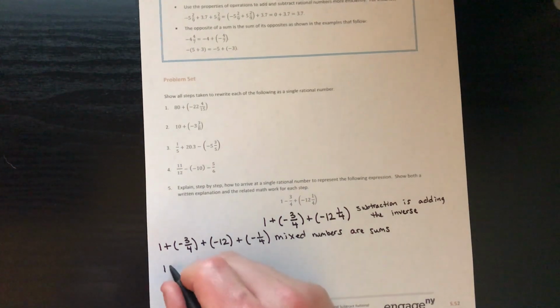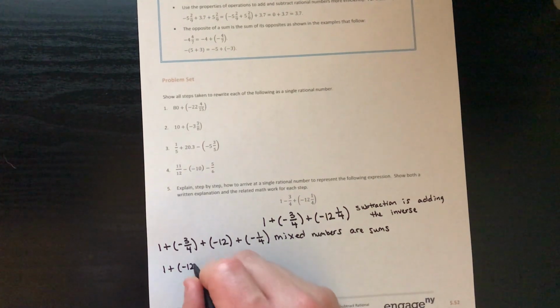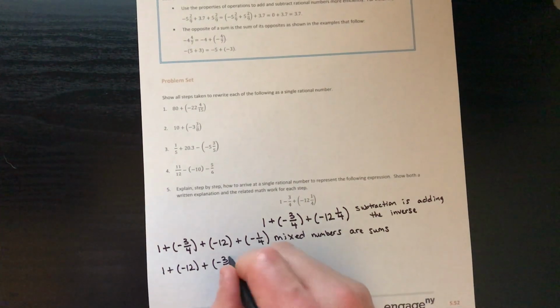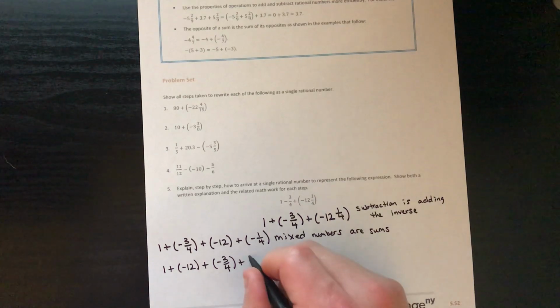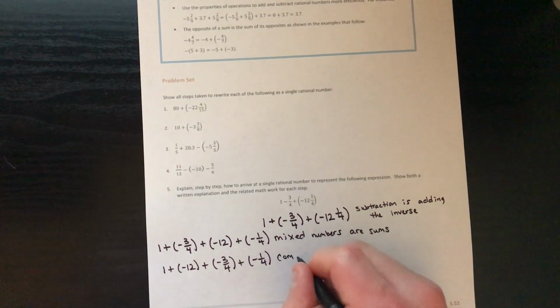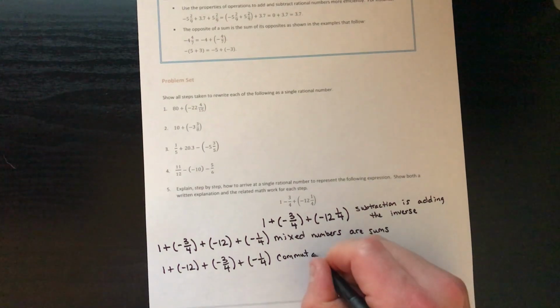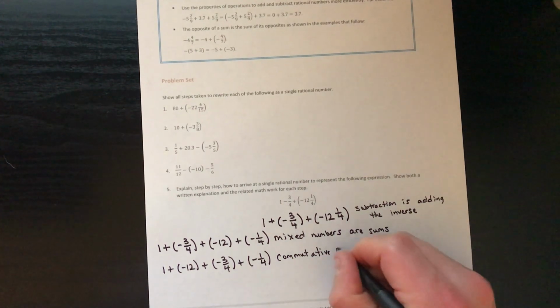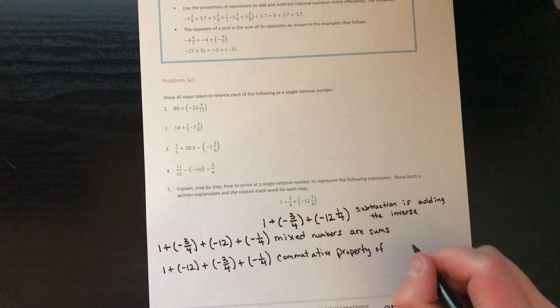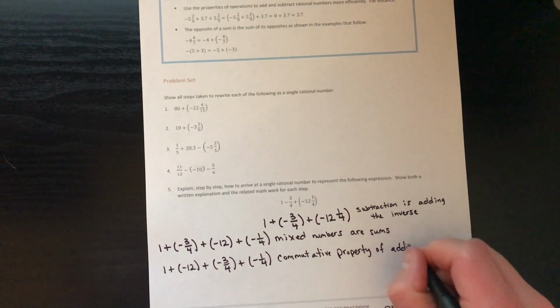So I'm going to do 1 plus -12 plus -3/4 plus -1/4. And so I used the commutative property of addition to allow me to do that.